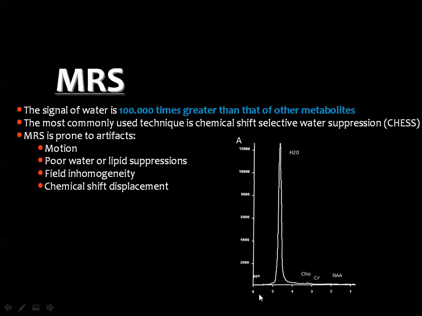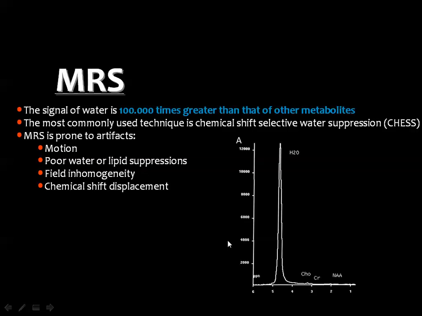And you should know that the signal of water is 100,000 times greater than any of the other metabolites. So this is the signal of the water. If the water is not suppressed, you will not see any of the previously mentioned metabolites.